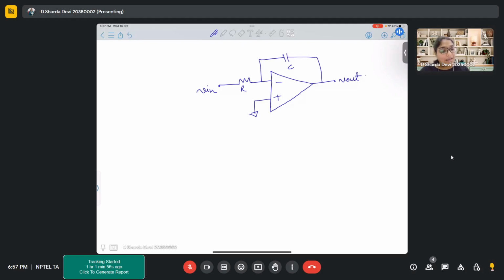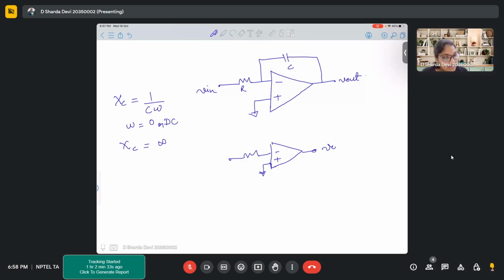The impedance offered by a capacitor is 1 by omega C. If omega is 0 or very small, let's say DC, then XC will be infinite, basically an open circuit, and the resultant circuit will appear like this.